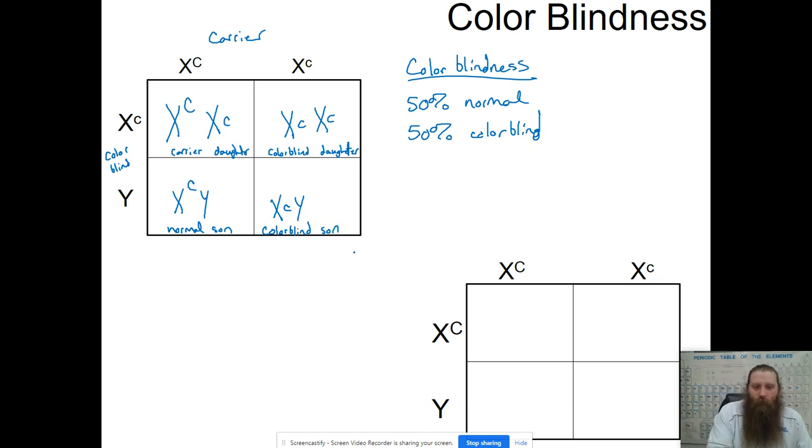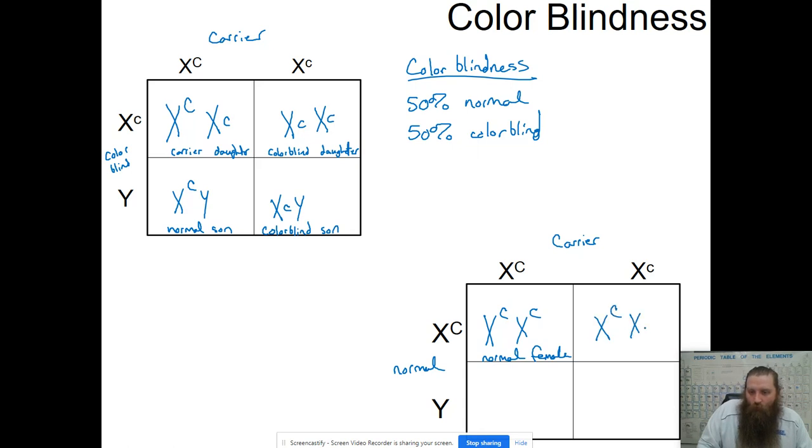Now, on the other hand, if you have a carrier female and you have a normal male, well, what are the chances of any of your kids being colorblind? So over here, it was 50%. On this side, we have big C, big C. So this is a normal female.